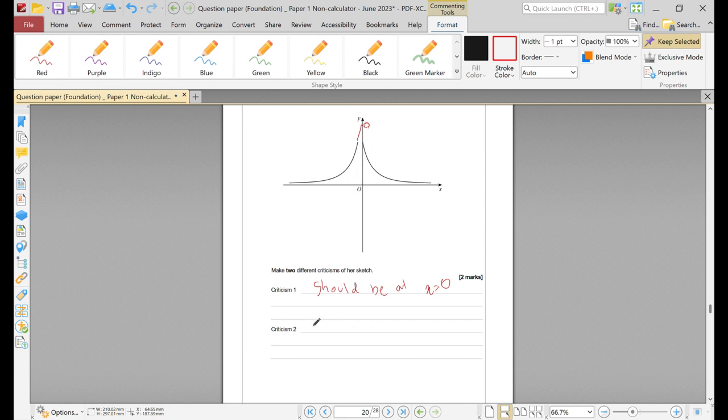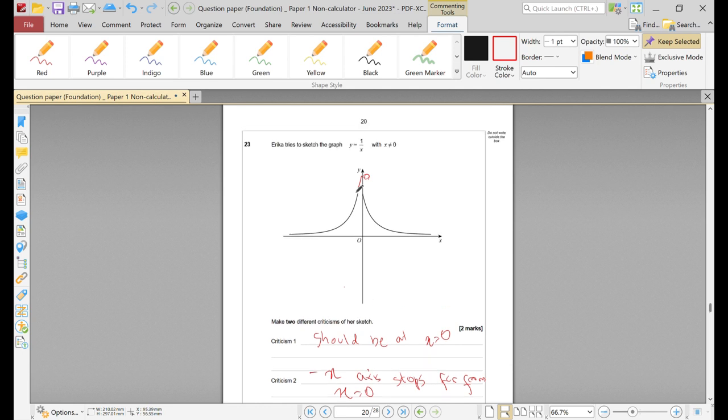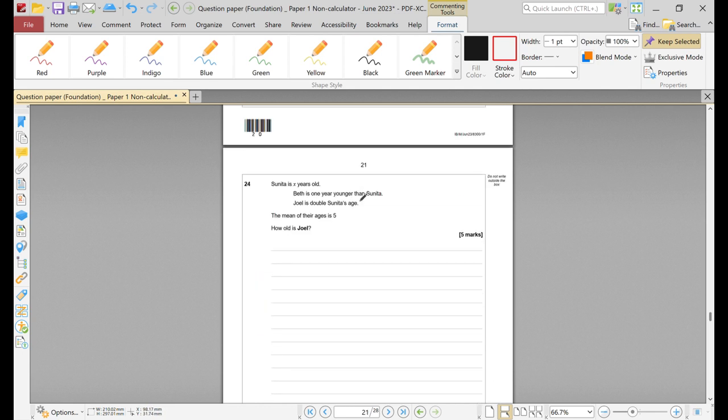So the negative x axis stops far from x equals 0. She's only not defined it for 0. So even if it's 0.01, she should have drawn it.